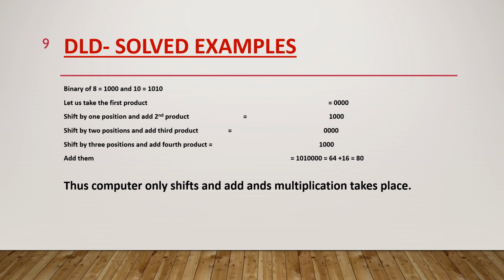Now if you add up all these 4, you will end up with 0 0 0 0 1 0 1, okay, and this will come out to be 64 plus 16, that is 80. So you have seen that the computer has only made use of shift and add, and we have carried out the multiplication. So this is what is to be remembered.